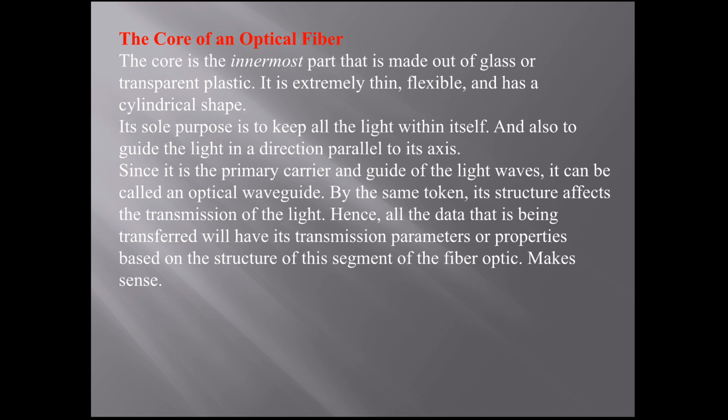Since it is the primary carrier and guide of the light wave, it can be called an optical waveguide. By the same token, its structure affects the transmission of light. Hence, all the data being transferred will have its transmission parameters or properties based on the structure of these segments of the fiber optic.